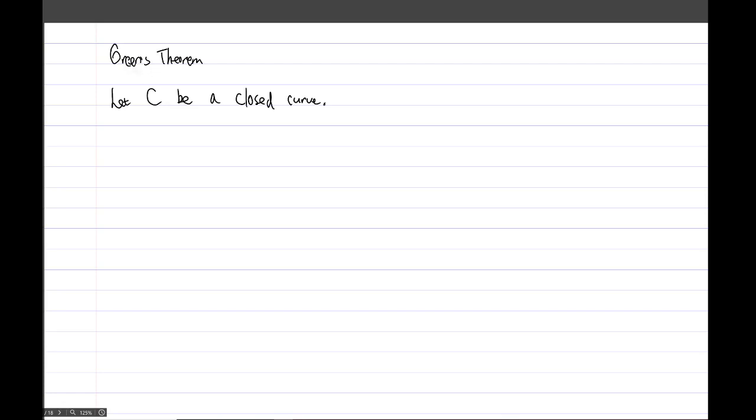So among closed curves, there's really more or less two kinds. I'm going to try to draw the same curve twice. Actually, why don't I just copy and paste this curve here? So, okay, there's the same curve twice, but you might orient it this way, or you might orient it the other way.